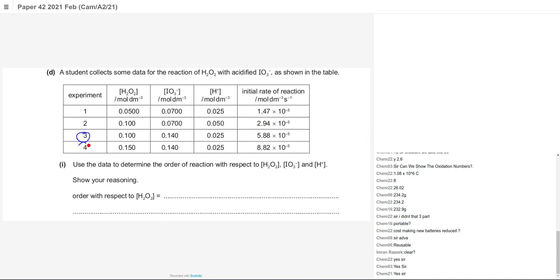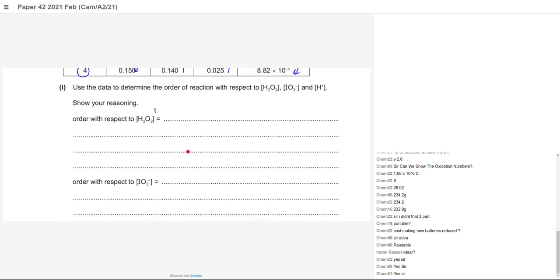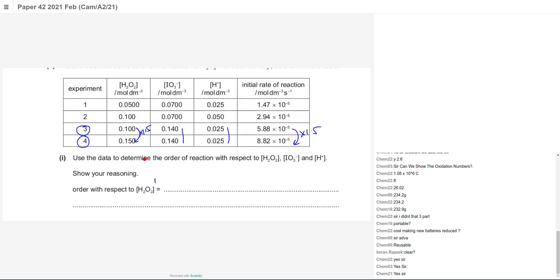When you consider experiment 3 and 4, you're keeping this constant, and you're increasing the concentration of hydrogen peroxide by 1.5 times. The rate is increased by 1.5 times, which means order with respect to hydrogen peroxide is first order. It's very convenient for us to write in words because of the space issue, right? Calculation also is accepted, but if you can calculate in this given space, fine.